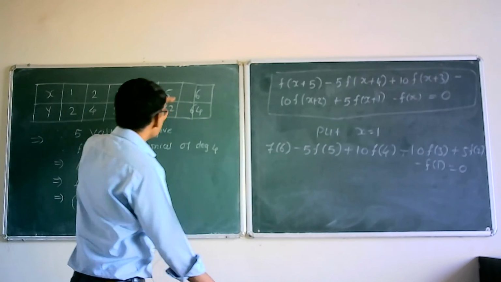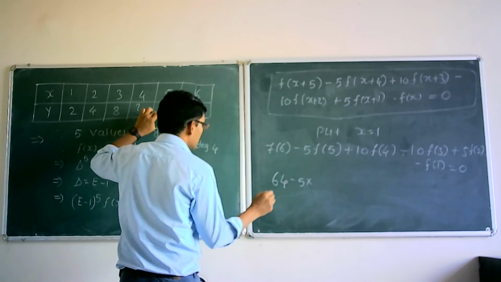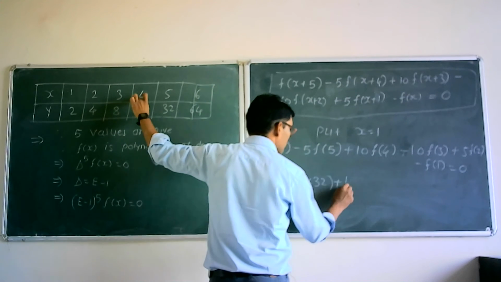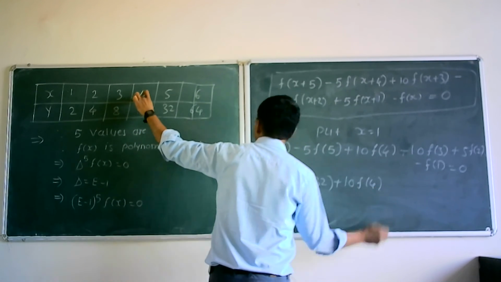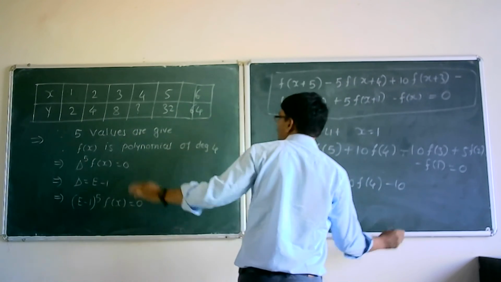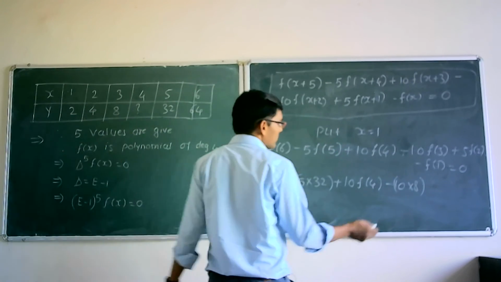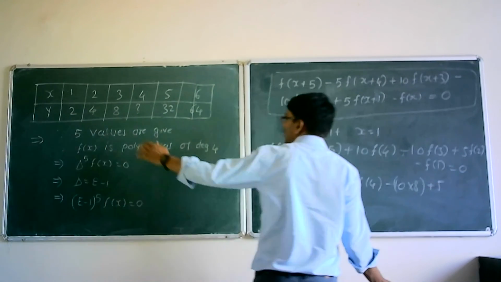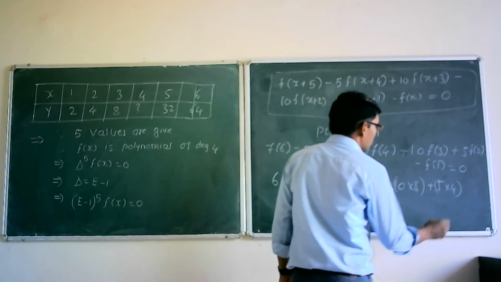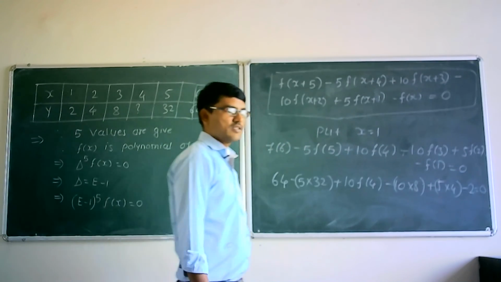So f of 6 is 64, minus 5 f of 5, which is 32, plus 10 f of 4. We don't know the value of f of 4. Then 10 f of 3 is 8. Then plus 5 f of 2, f of 2 is 4. Then minus f of 1, f of 1 is 2, is equal to 0.